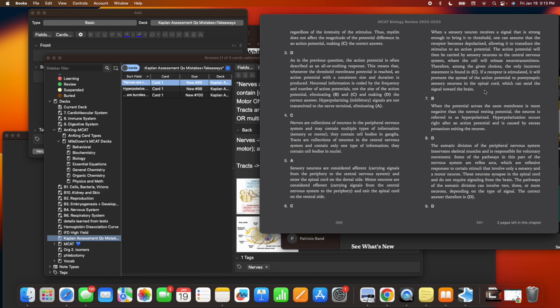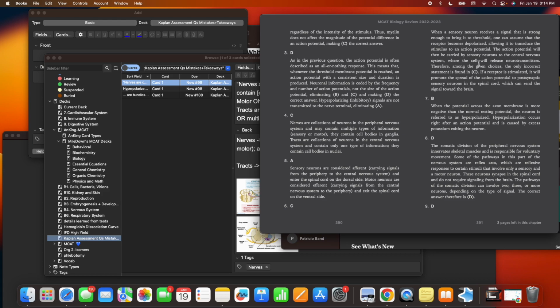When a sensory neuron receives a signal that is strong enough to bring it to threshold, one can assume that the receptor becomes depolarized, allowing it to transduce the stimulus to an action potential. The action potential will then be carried by sensory neurons to the central nervous system, where the cell will release neurotransmitters.